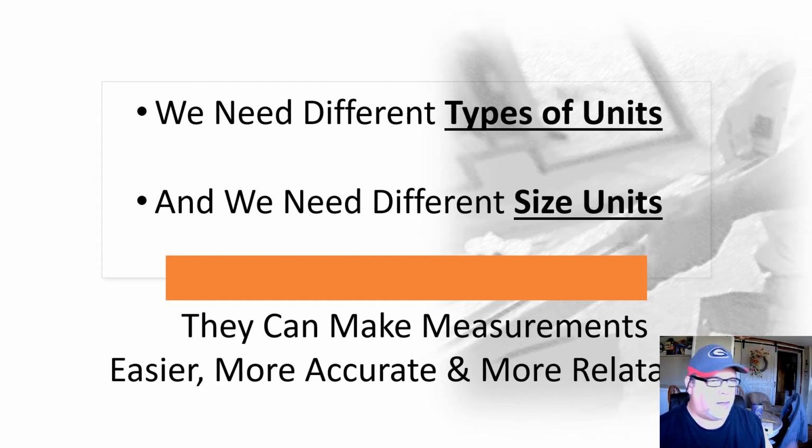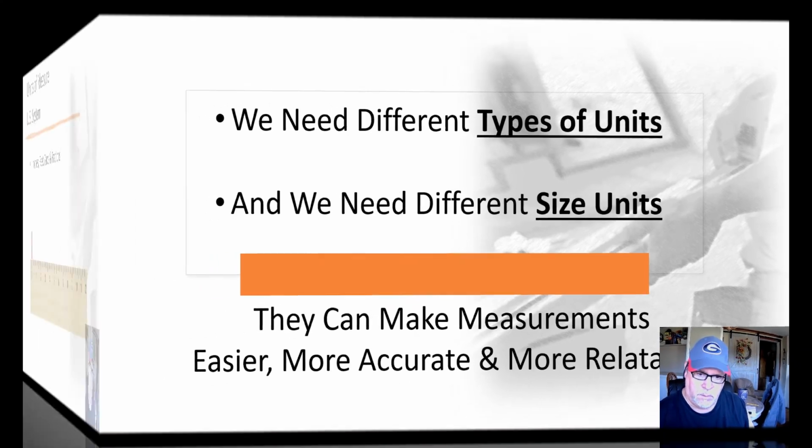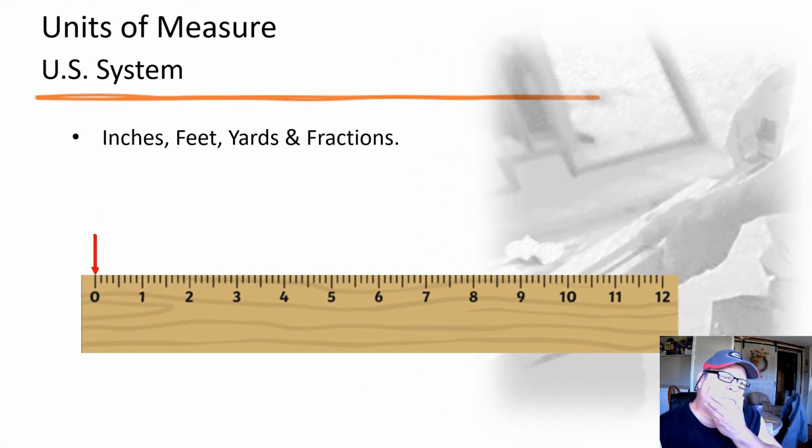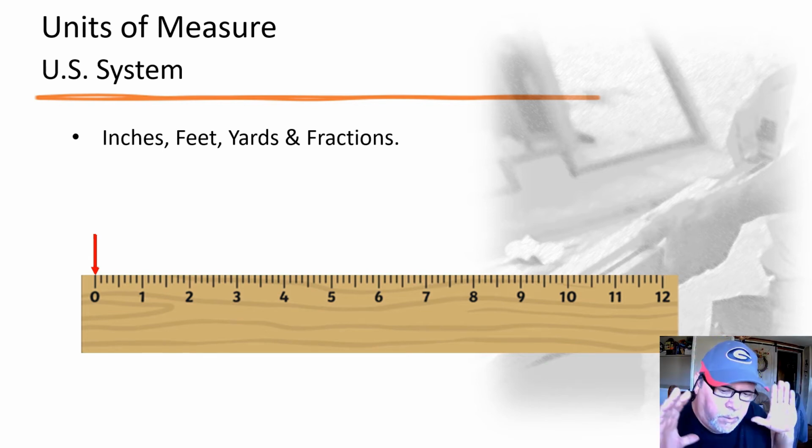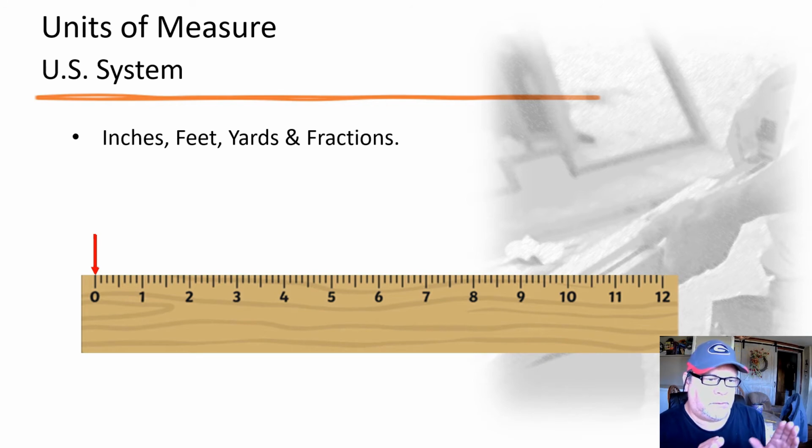Anyway, that's why we have to learn to relate to things. Units of measure in our system, we're going to focus on inches, feet, yards, and fractions. We're going to keep the units a small number so we can learn more about the process.